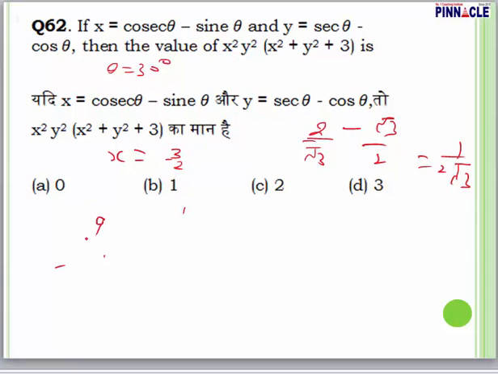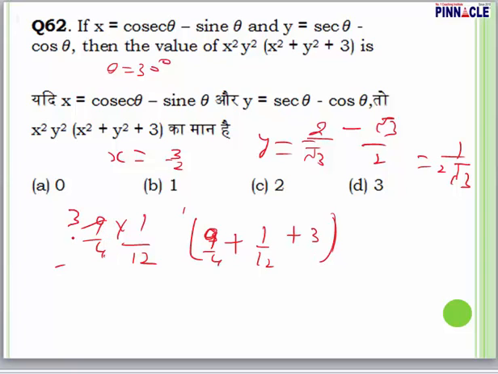Put the value, it will become 9 by 4, square of x, that is 9 by 4, and square of y would be 1 by 12. Then x square, that is 9 by 4, plus y square, 1 by 12, plus 3.